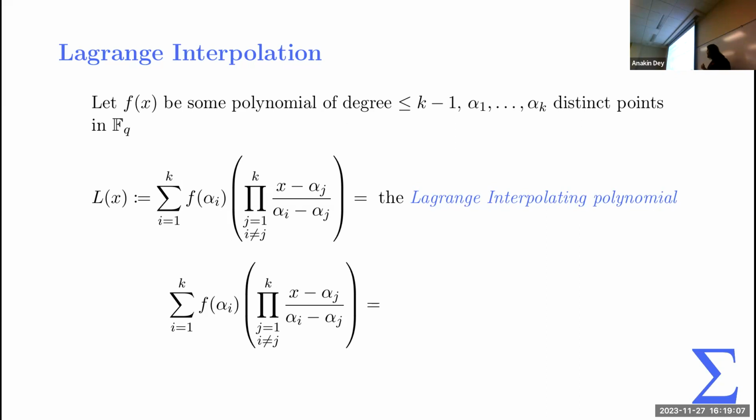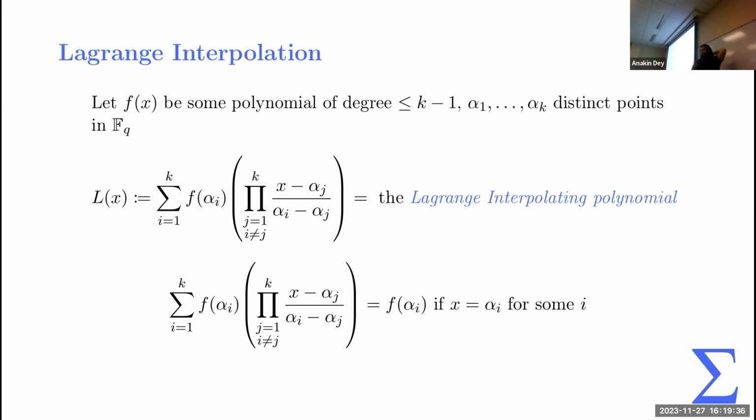We can see that this polynomial is going to be equal to f of alpha I if x is equal to alpha I for some I. Everyone can see that? Because one of these terms will be equal to f of alpha I if x equals alpha I, and all the other terms of the summation are going to be 0. So you get f of alpha I plus a bunch of zeros, just f of alpha I.